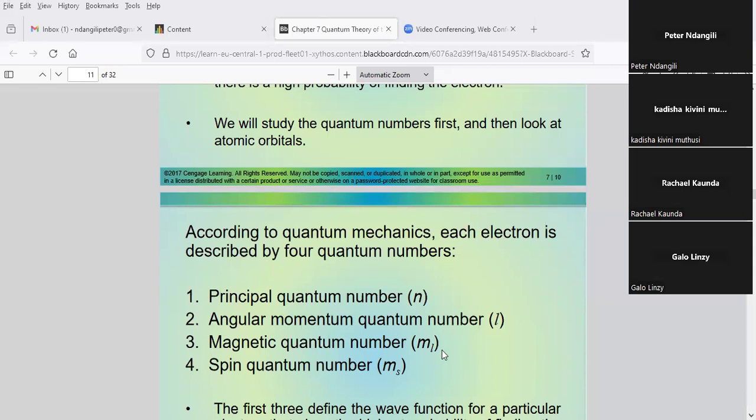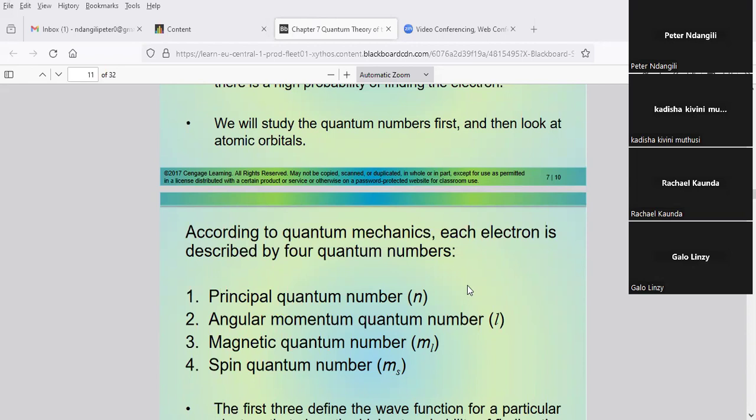What I'm saying here is that the first three quantum numbers are dependent on one another. The principal quantum number n generates the angular momentum quantum numbers, and the angular momentum quantum numbers generate the magnetic quantum numbers. So the first three are interdependent in the sense that one must generate the others.